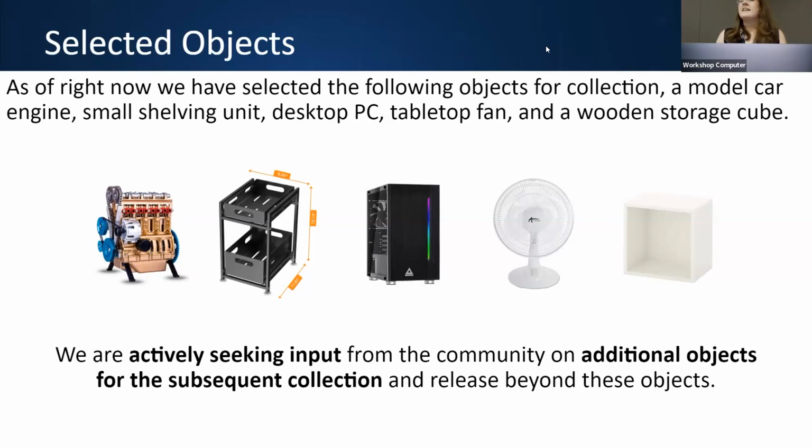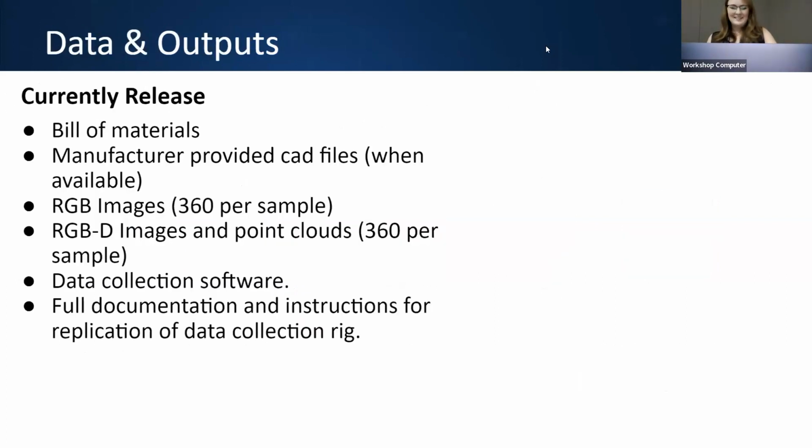We are actively seeking input on additional objects to be collected for subsequent collection beyond this, but this is the initial set. The variety here is coming from just how complex these objects can be. So the car engine, for example, has over, I think, 250 different pieces, whereas the fan has maybe 5. So it's a much easier assembly versus the most complex assembly.